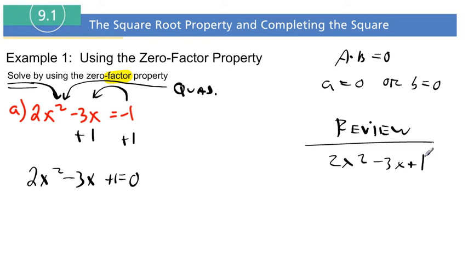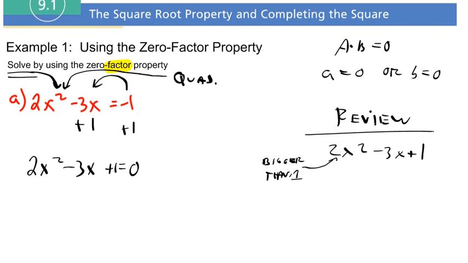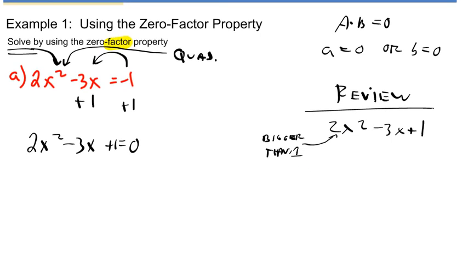When we factor, this is called a trinomial because we have three terms: 1, 2, 3. And when this leading number is bigger than 1, we have to use this method that I like to call the modified judo.